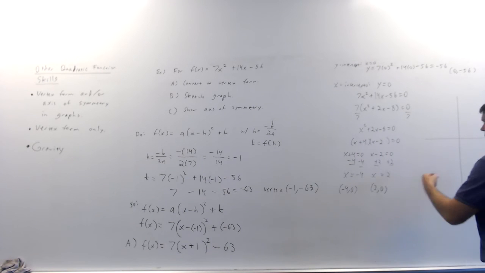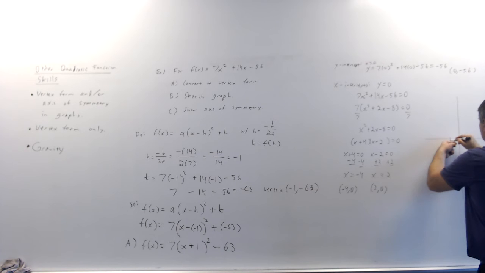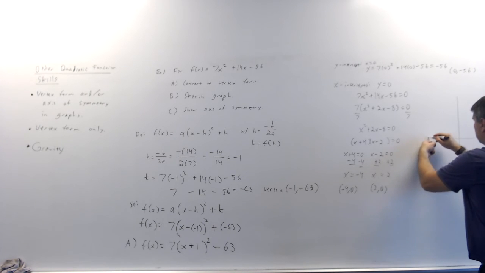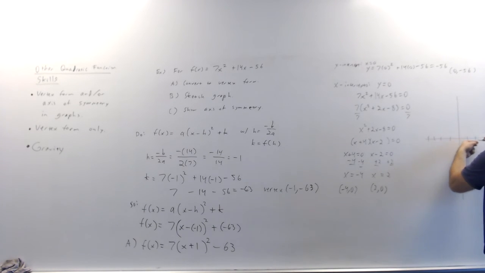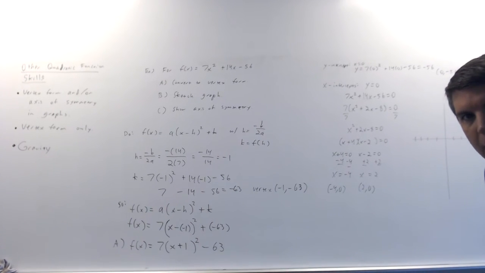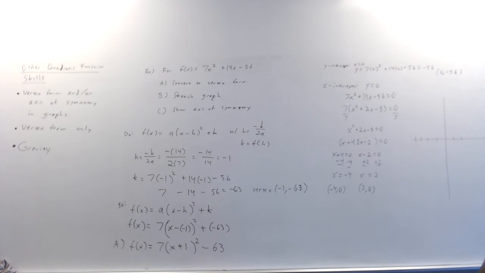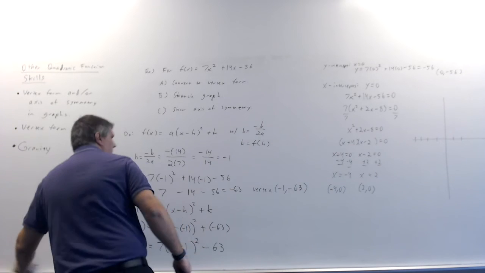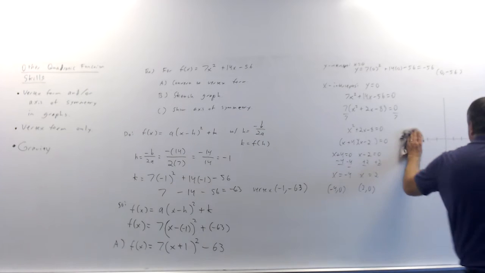I need to go all the way over from negative 4 to positive 2 at the bare minimum. Since it looks like space is going to be a bit of a problem, I am going to move it over because I do want to make sure that I show everything I need to.